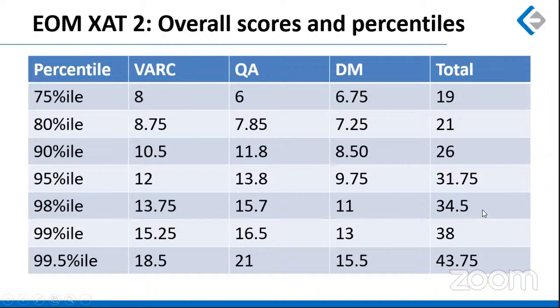That should be the cutoff for XLRI BM course, and that is somewhere between 31.75 to 34. So I can map it at around 32.5 to 33 marks. 99 percentile available at 38. None of the institutes will ask for that, but this is just for our understanding. 99.5 will be available at 43.75.